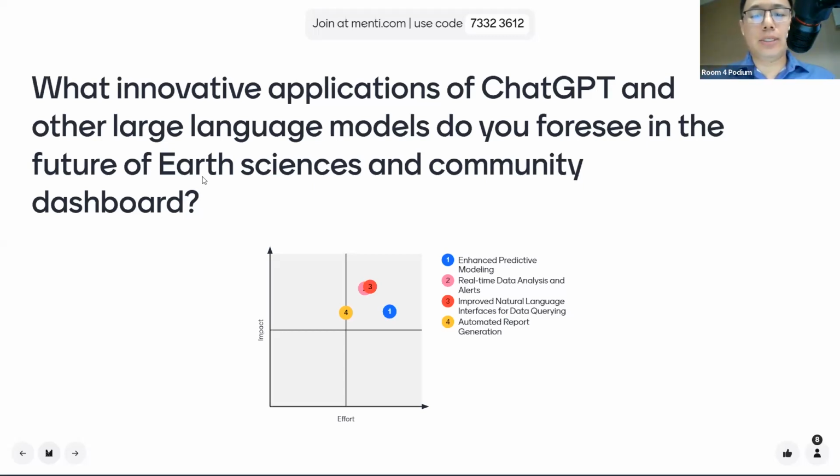The third is improved natural language interfaces for data query, which means you can search all those data products using natural language. It's kind of a chatbot, but it will provide the data you want. The fourth is automated report generation. I think this is more for end users who really want insights instead of data products. They don't care about data products.